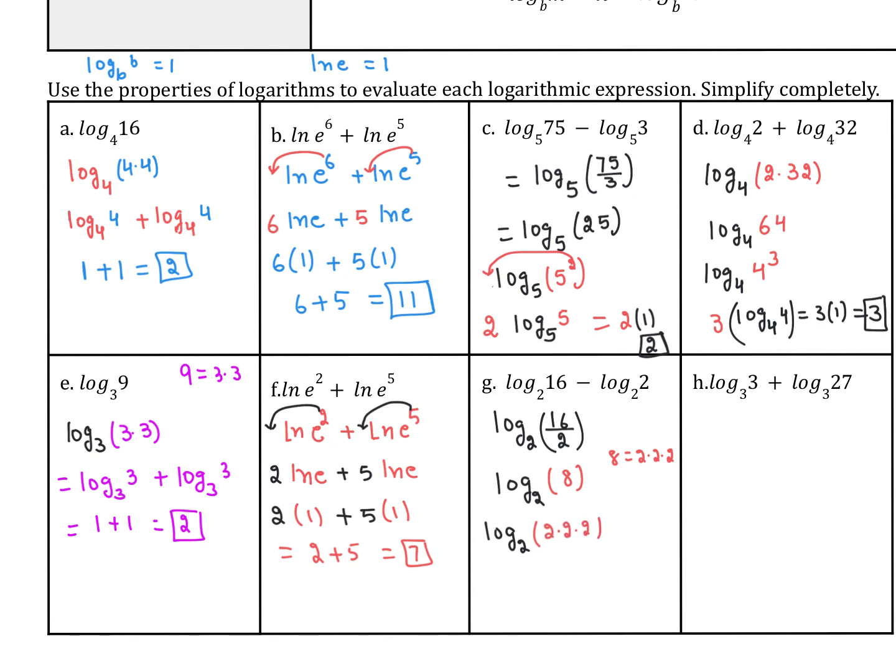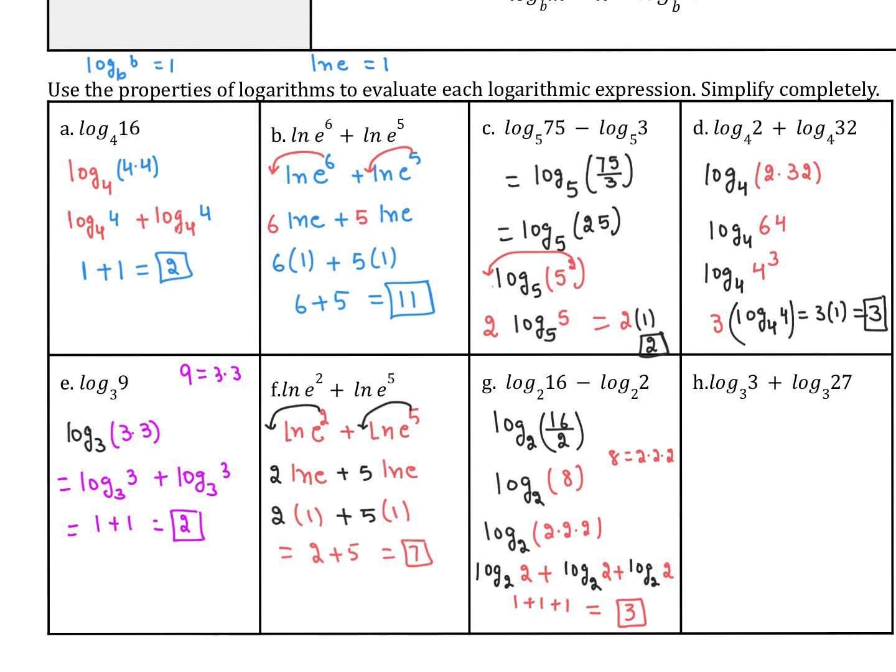Now this looks like a product property, so we are going to apply the product property. What we're going to have here is log base 2 of 2 plus log base 2 of 2 plus log base 2 of 2. So the multiplication turned into addition. All of them are equal to 1, so we write 1 plus 1 plus 1, and that's going to be 3. Then 3 is your answer.